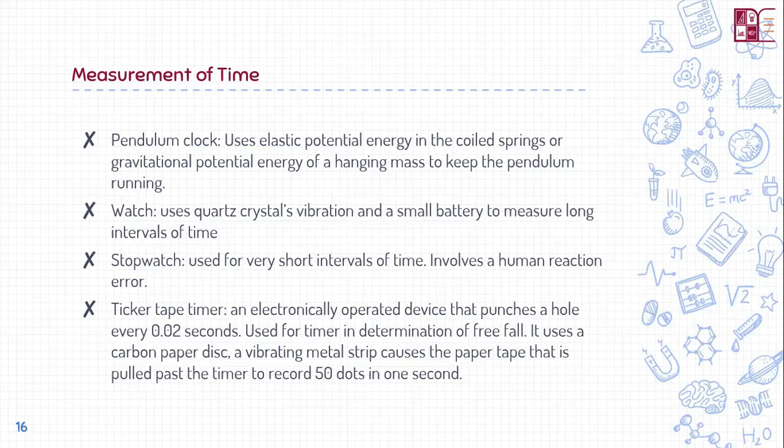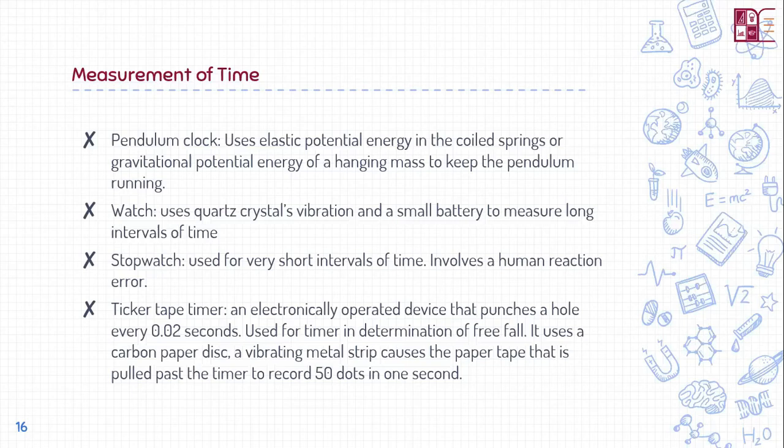Stopwatches are used for very short intervals of time, and they involve a human reaction error. So looking at a human reaction error, this is when you look at the event at which you're supposed to start the stopwatch, and then from looking at that event happening, the delay till your hand presses that button on the watch, that delay in time is called the human reaction error.